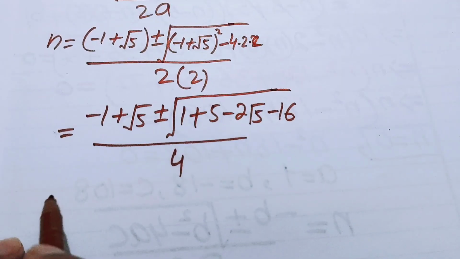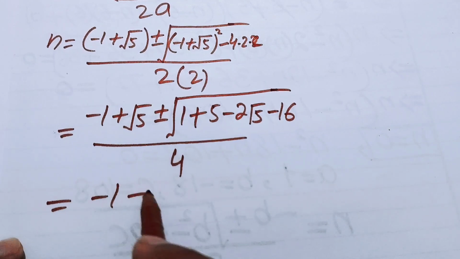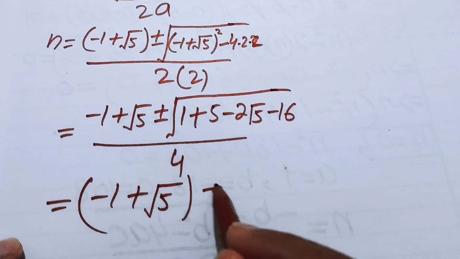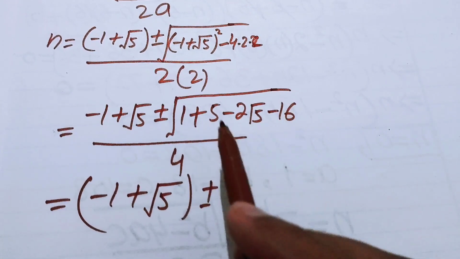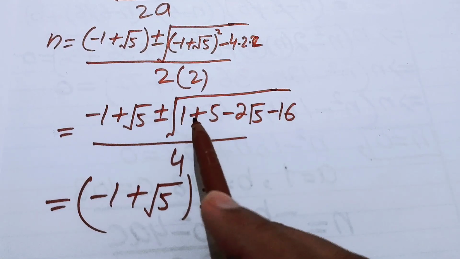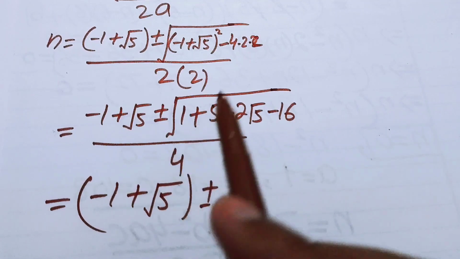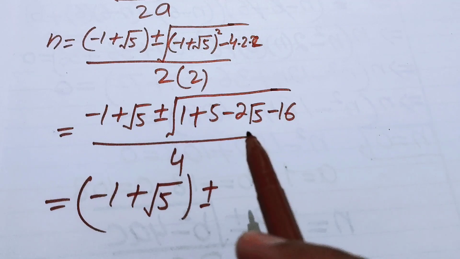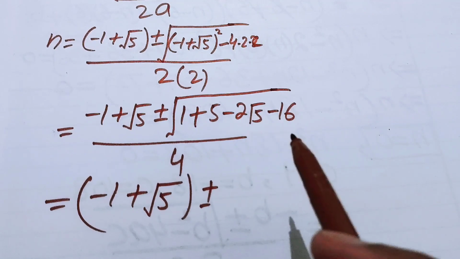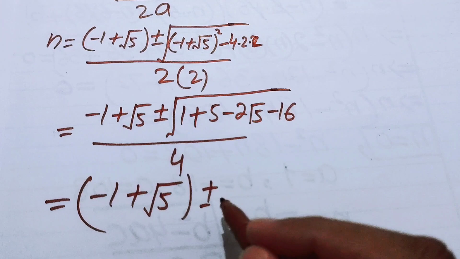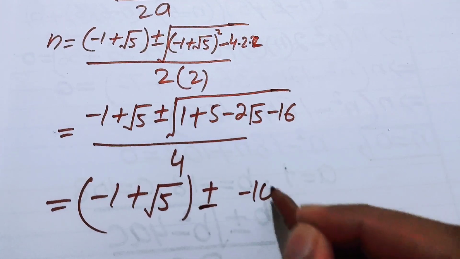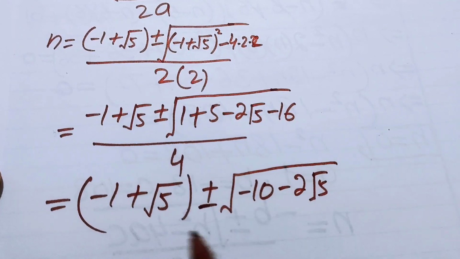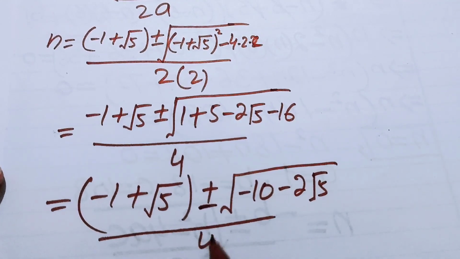So here you obtain minus 1 plus square root of 5, and plus or minus we have 5 plus 1 equals 6, and 6 minus 16 will be equals to minus 10 minus 2 times square root of 5, and this whole over 4.